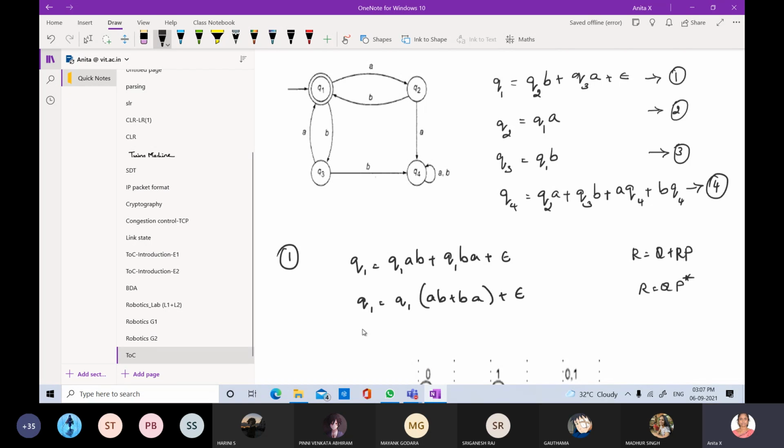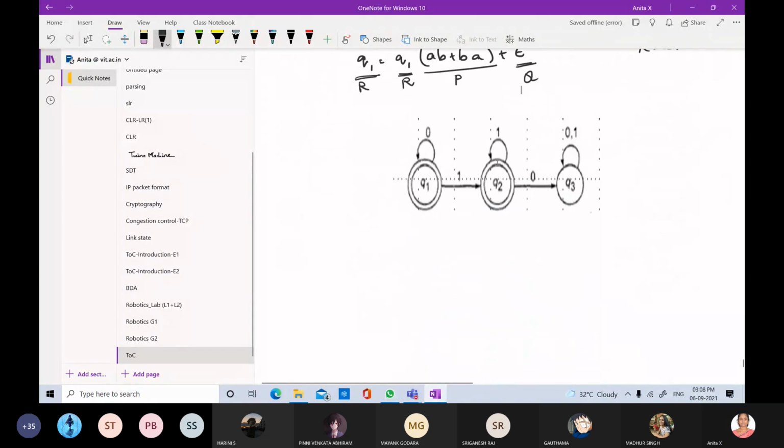Okay, so here we can start with yes. So this can be considered as R, right? Similarly, here this can be considered as R, and this can be considered as P, and this can be considered as Q, right? Do you all agree with this?